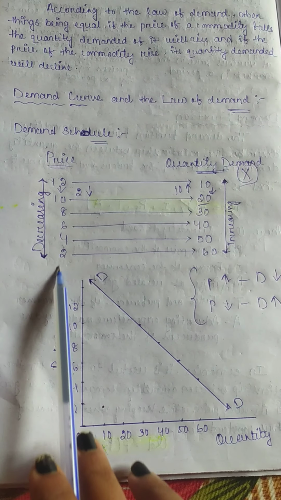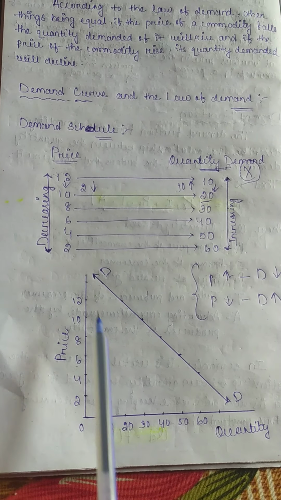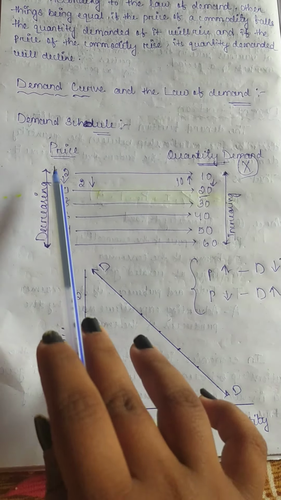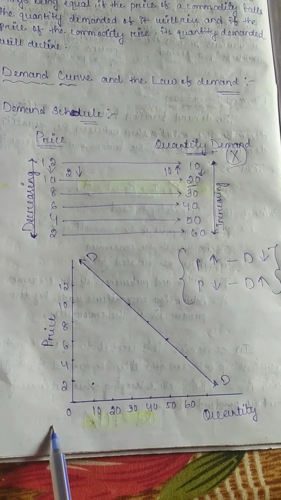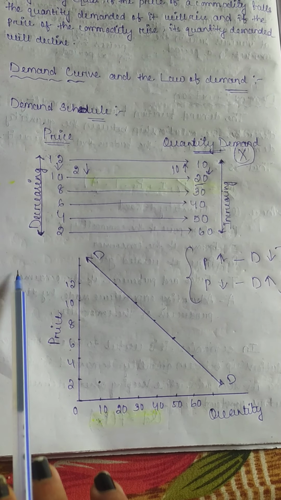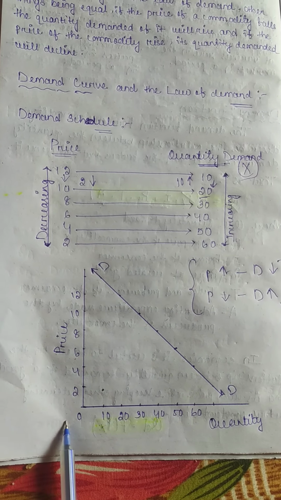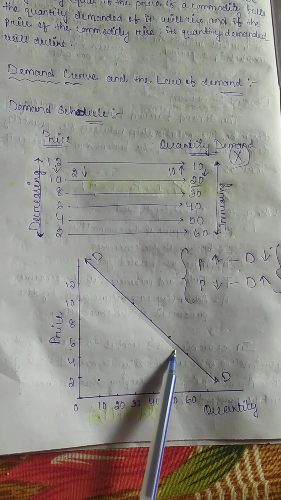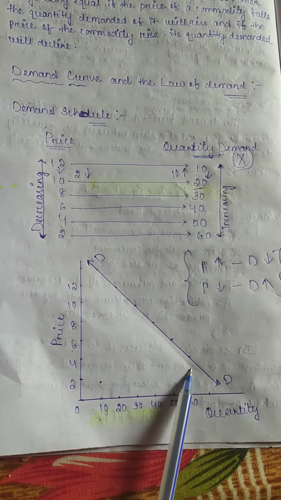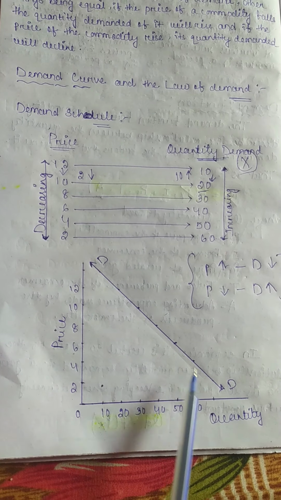Next, the demand curve. The demand curve is derived by plotting these prices and quantities, with quantity on the x-axis and price on the vertical or y-axis. We get a downward sloping line or curve, that is the demand curve.